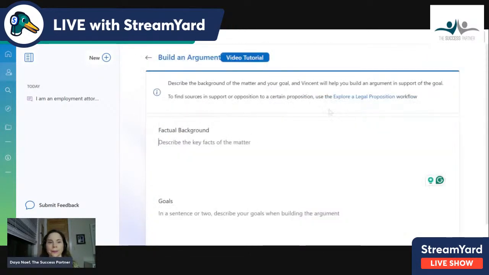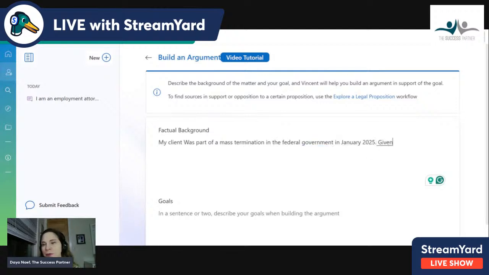Build an argument. Okay, so describe the facts. My client was part of a mass termination in the federal government in January 2025.